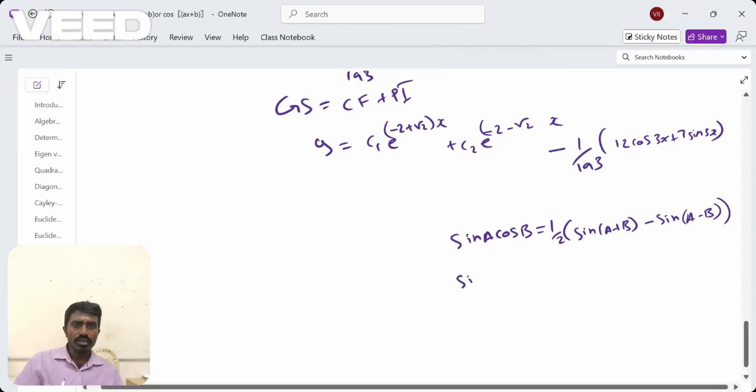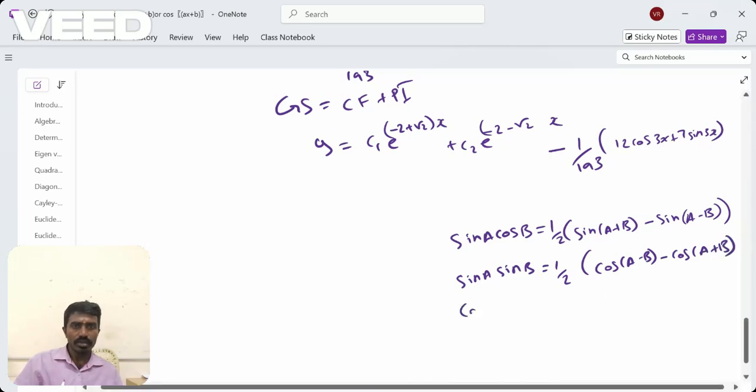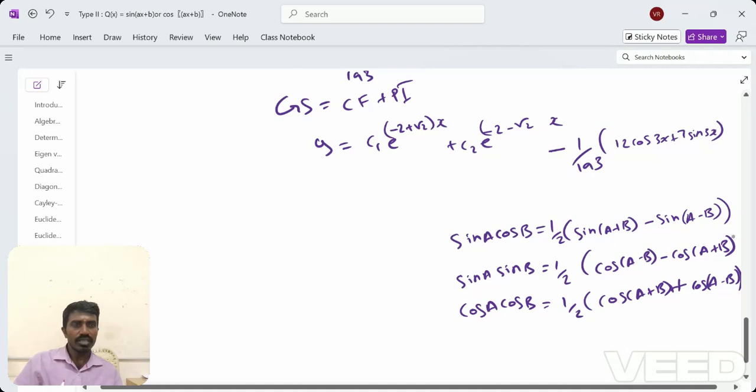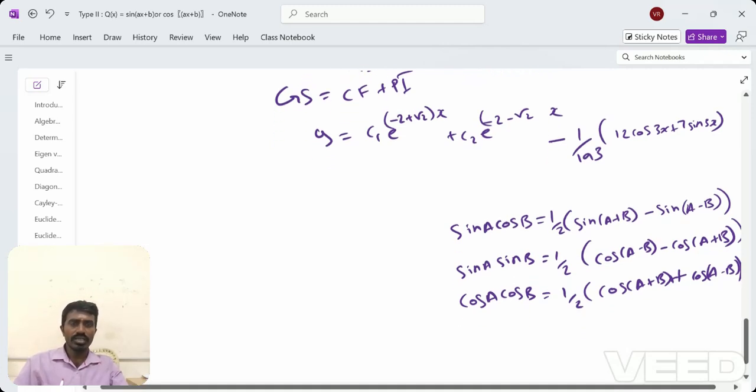Suppose you have sin A sin B, then sin A sin B is 1 by 2 into cos A minus B minus cos A plus B. Similarly, cos A cos B is 1 by 2 into cos A plus B plus cos A minus B. If you apply any of these formulas, then you may get sin ax plus or minus cos bx or sin bx, which is again under type 2 only, and then we can solve easily. Thank you.